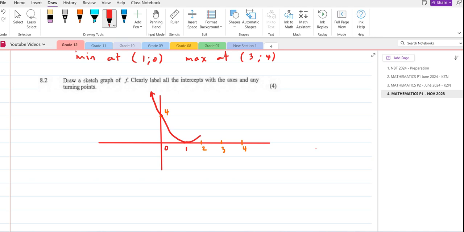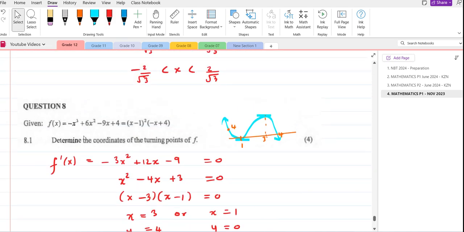The next turning point is at (3, 4), and that's (1, 0). Yep, and that's my graph. That's the x-axis, that's the y-axis, and that's the graph of f.